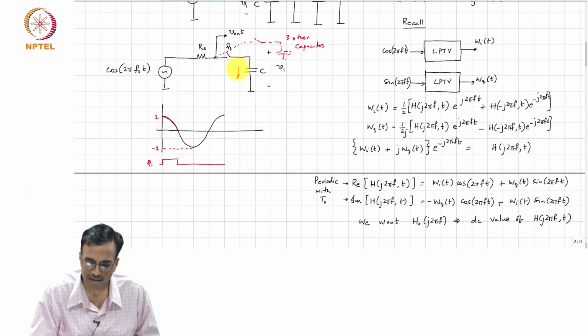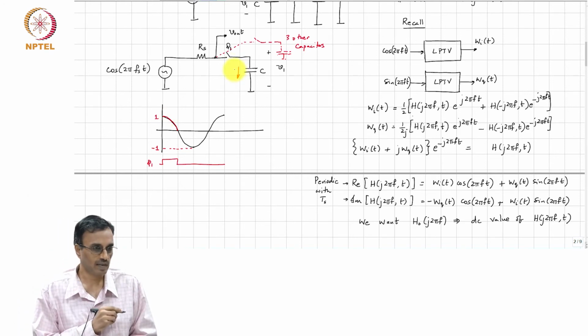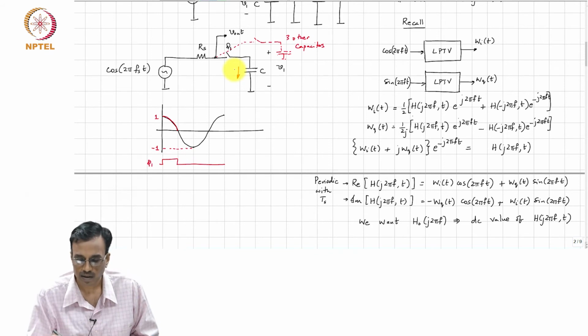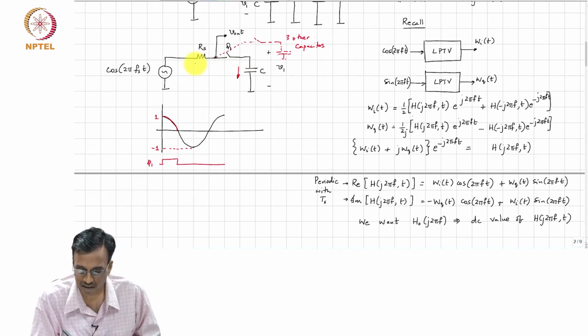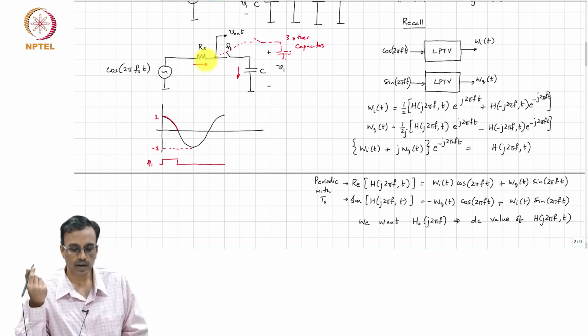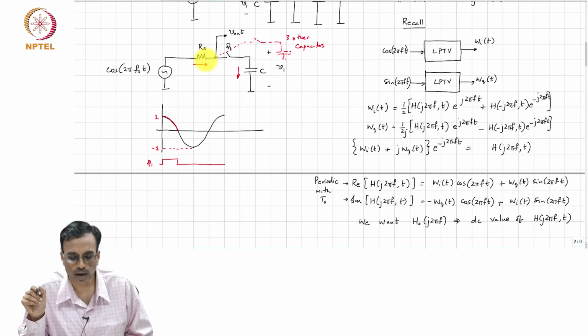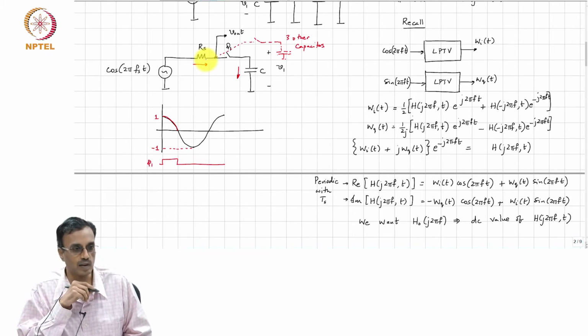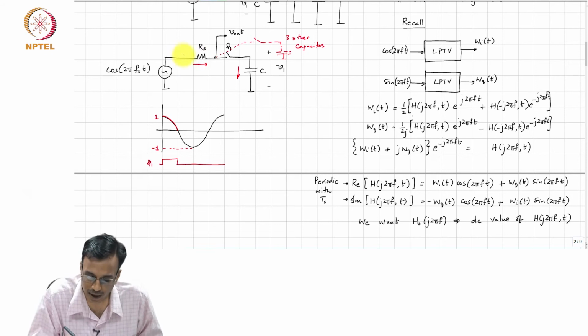And if the average current flowing through the capacitor is 0, that basically means that the average current flowing through this resistor during phase 1 must be 0, right. If the DC current flowing across the resistor is 0, then what comment can you make about the average voltage here versus the average voltage there?